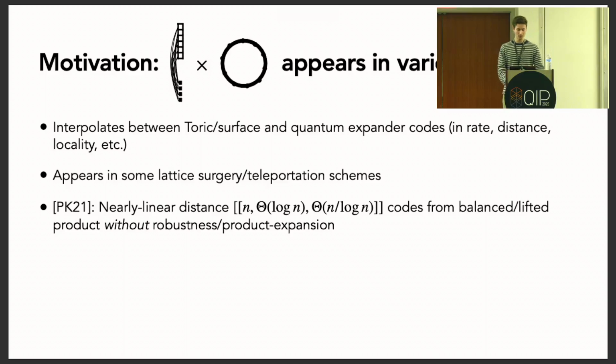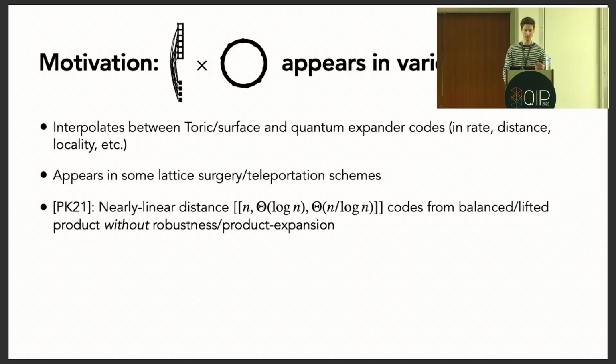A third motivation is if we look at nearly linear distance codes. If we want quantum LDPC codes with very large distance, very good error correction capabilities, there's been a beautiful line of works getting asymptotically good codes with completely optimal parameters in the asymptotic regime.